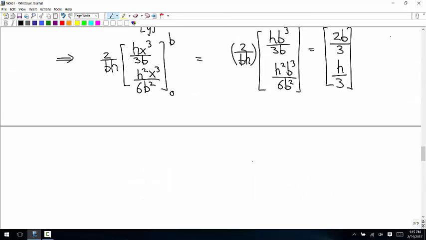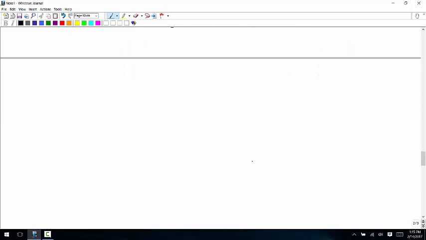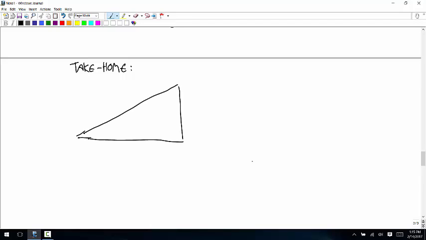But the take-home message is for a right triangle, if this is B, and this is H, then the centroid is along the x direction.